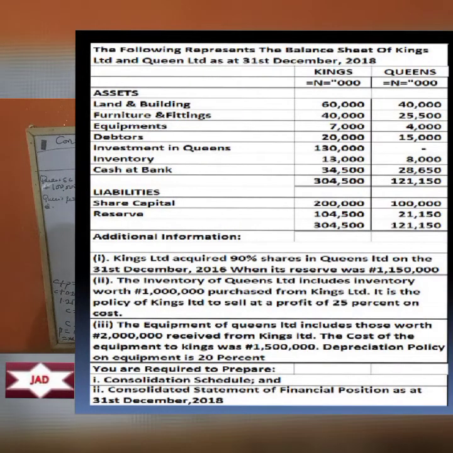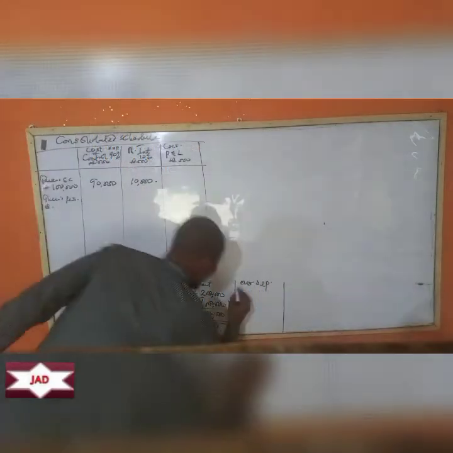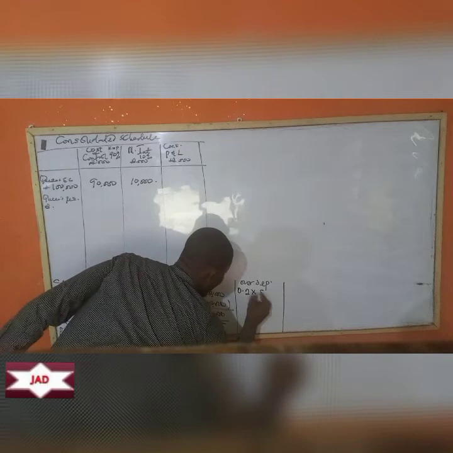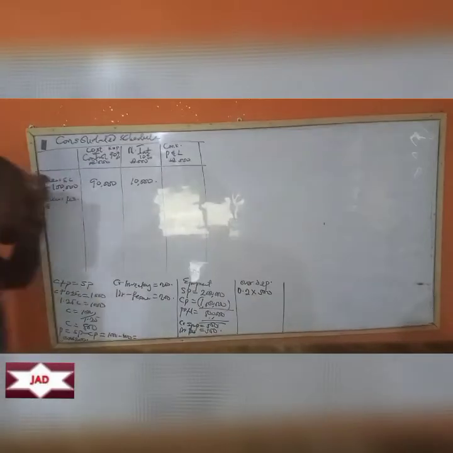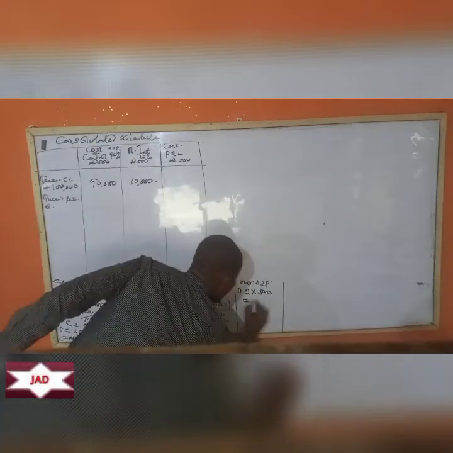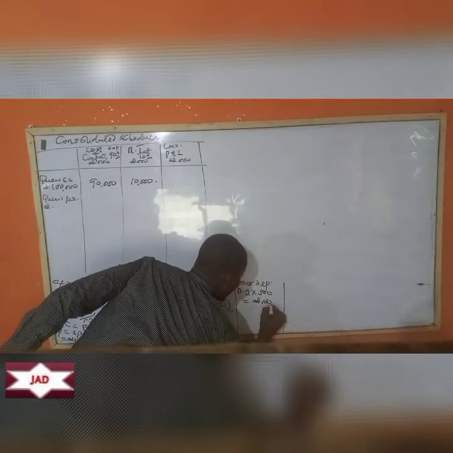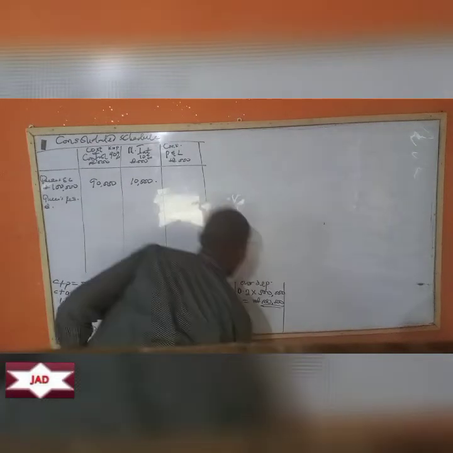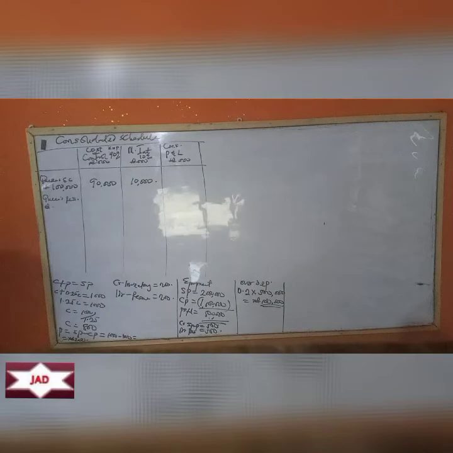So you have 20%, so that would be 0.2 times 500. 20% of 500: 10% is 50, 20% will be 100. So this will be 100,000, which is 100 naira, right? So that's what it is.